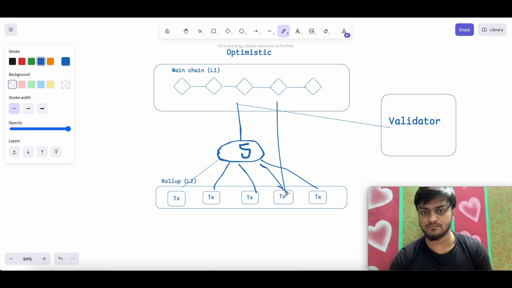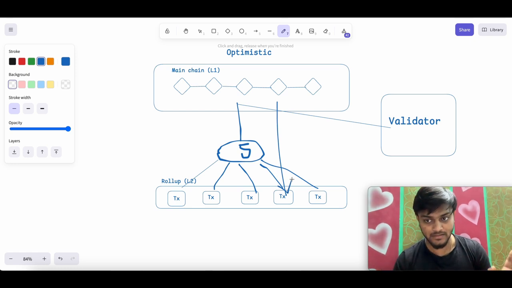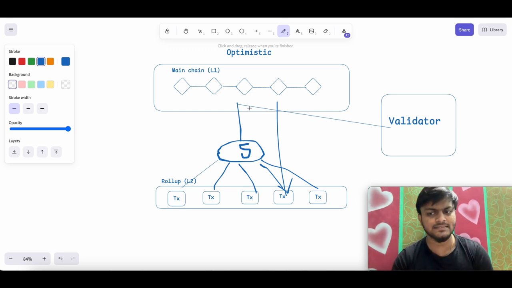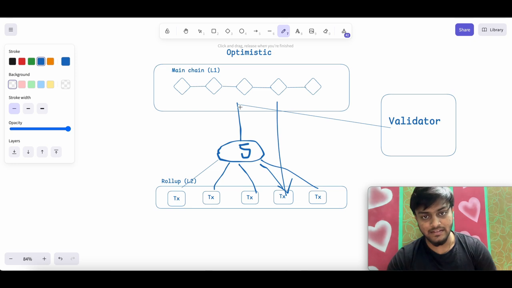Okay, this is what happens in the optimistic rollup. First, it will assume and bundle the transactions together and send them to L1. Then there will be a challenging period, a maximum of 7 days. In the challenging period, the validators in this network will check whether those transactions are valid.